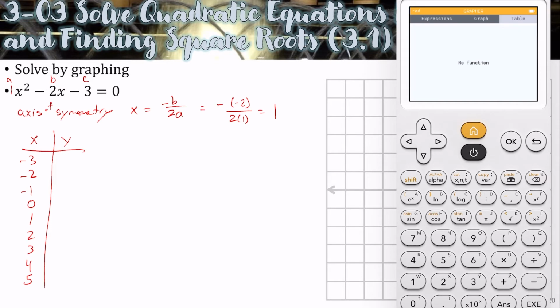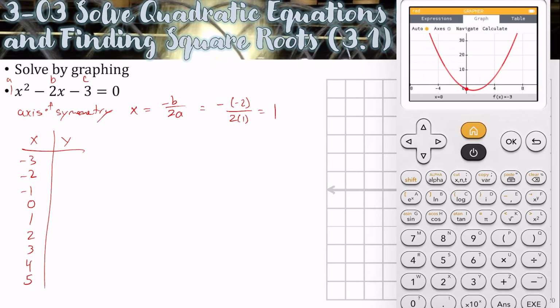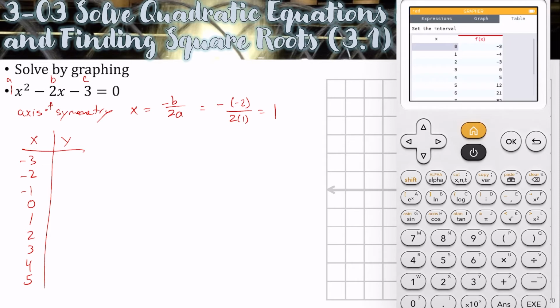I am going to enter an expression, x squared minus 2x minus 3. Yay, we can see the graph. That's nice. Let's go over to the table, though. Oh, my table is set to start at 0. I'm going to start it at negative 6, and I'm going to end it at 6.